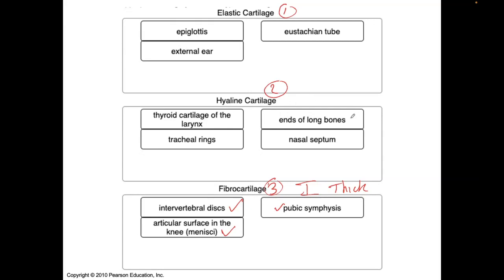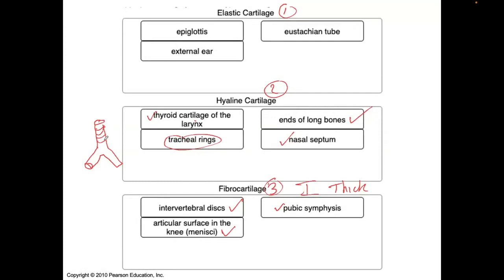Hyaline cartilage, this is found at the end of your long bones that make up your joints. Between the nose, you have your nasal septum, your thyroid cartilage of your larynx, that's hyaline, and the tracheal rings, the cartilage that goes around your trachea. That's the thing that kind of looks like that.